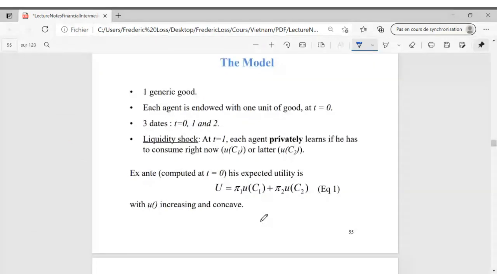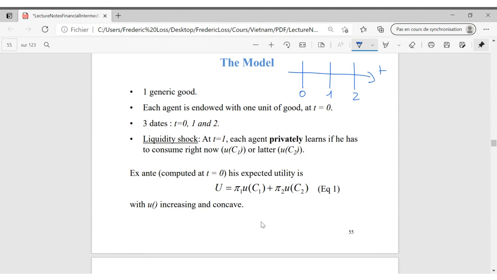So the model is the following. There is one generic good that stands for everything you want to have: car, food, house, whatever you want, it is this one good, only one good. Each agent is endowed with one unit of good at t equals 0. There are dates t = 0, 1, 2.